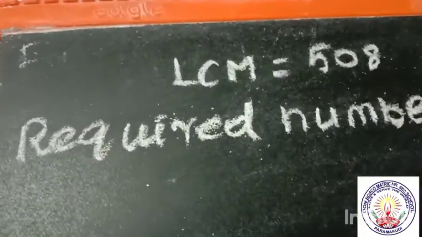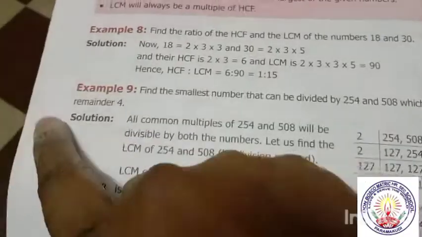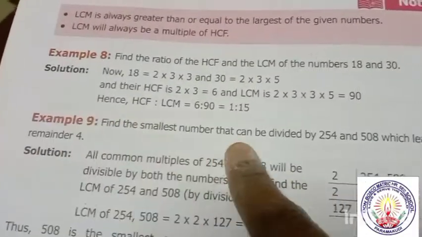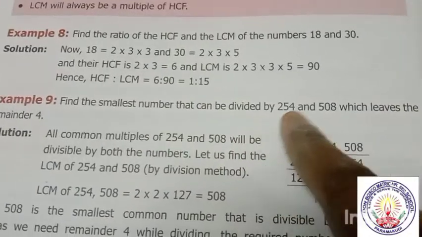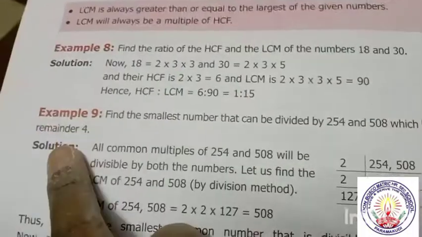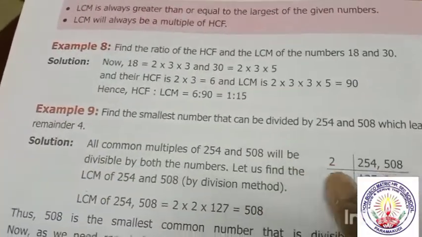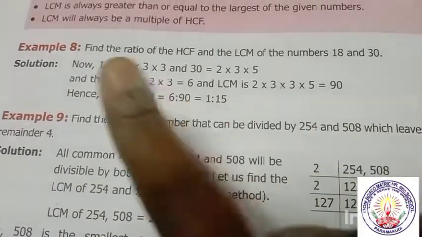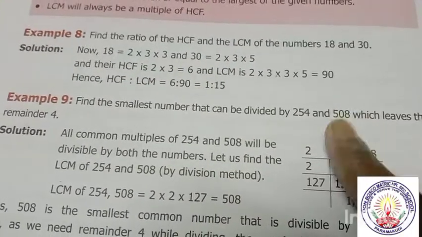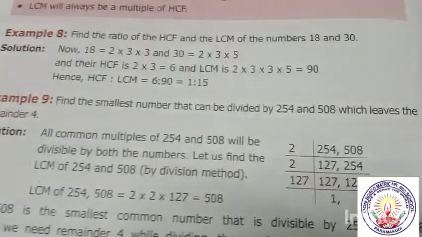So the required number which leaves the remainder 4: when we divide that number by 254 and 508, we get the remainder 4.